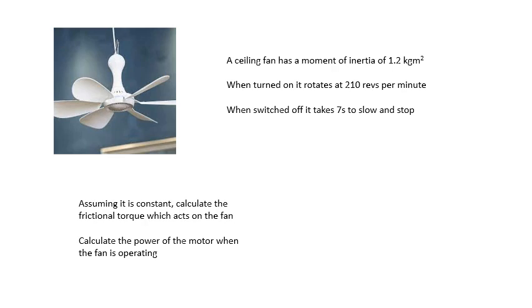In real life, it won't be constant because most of that friction will be air resistance, and as it slows down, that will get smaller. But assuming it's constant, calculate the frictional torque, and then using that, calculate the power of the motor when the fan is operating. So have a go yourself. The answers are in 3, 2, 1.